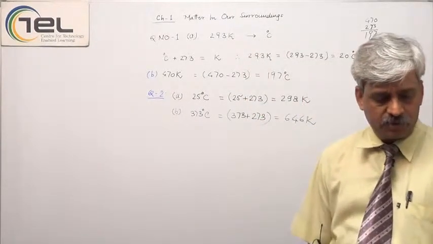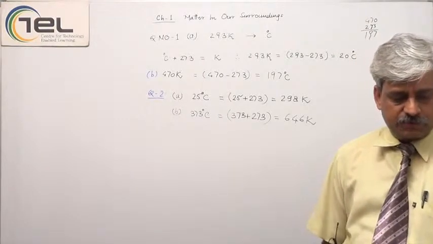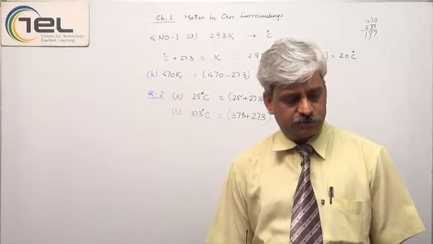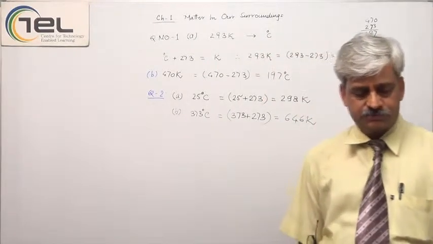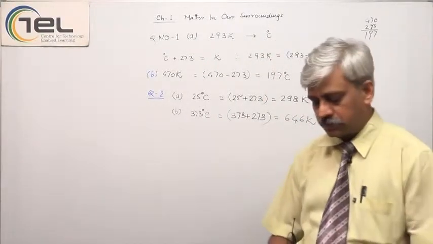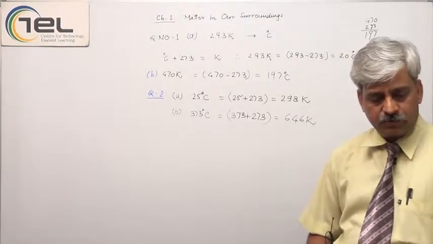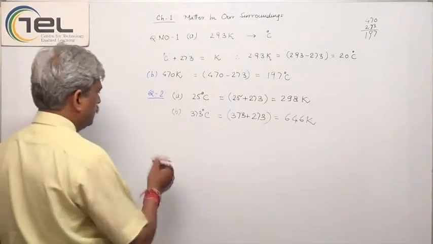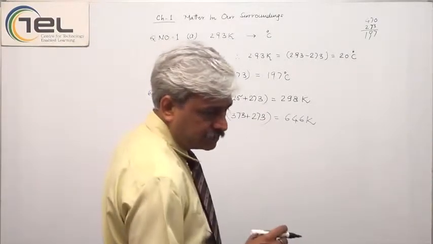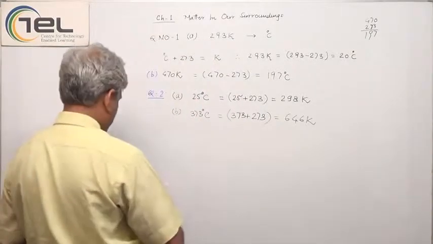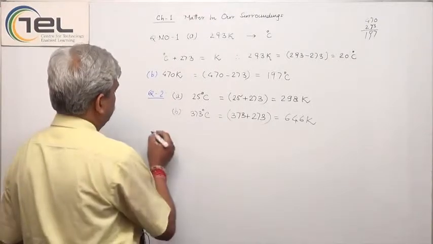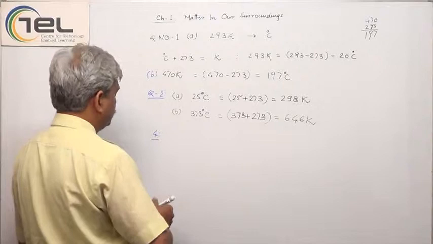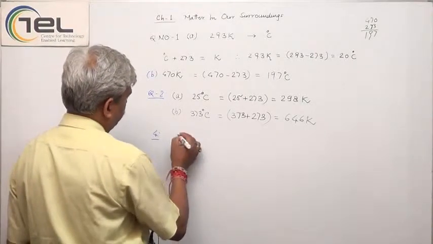Then question number 4: arrange the following substances in increasing order of forces of attraction between the particles. The substances given to us are water, sugar and oxygen. In the fourth question, we have to arrange them into the increasing order of intermolecular force of attraction.